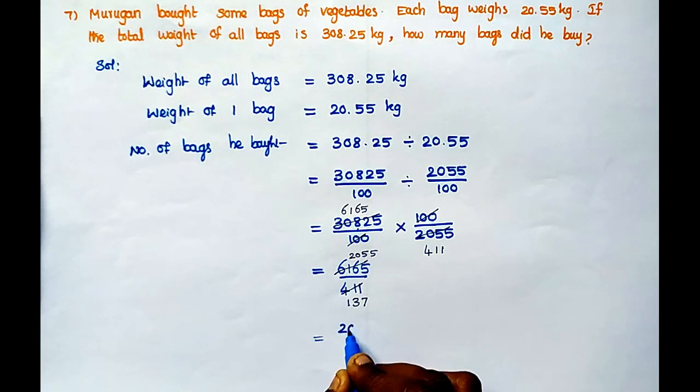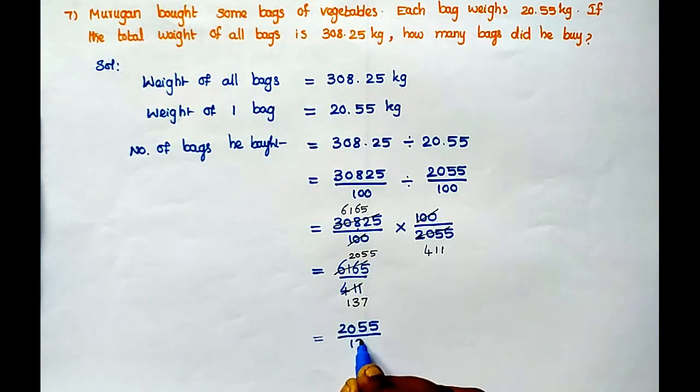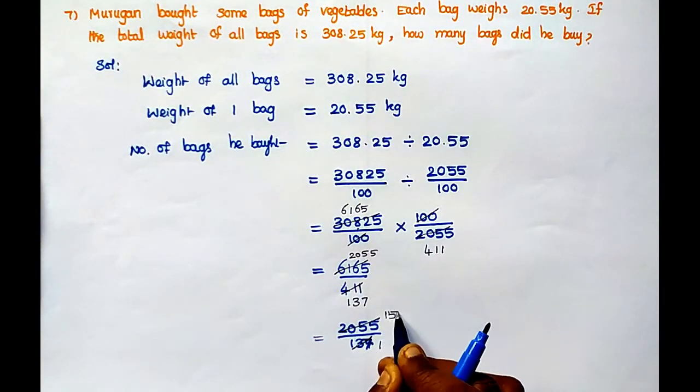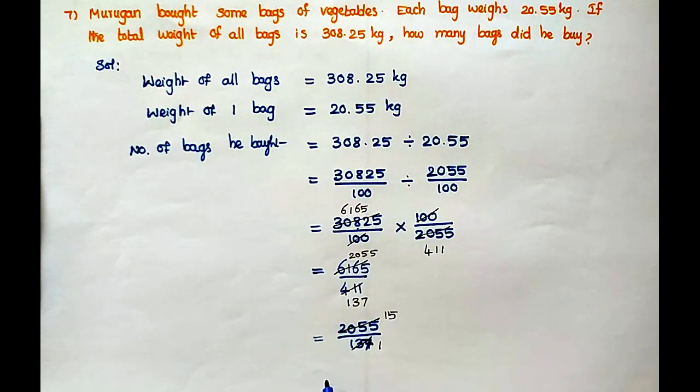Write down the remaining number 2055 divided by 137, cancelled by the 137 table 1 time, this is 15 times. 15 bags. That is the answer.